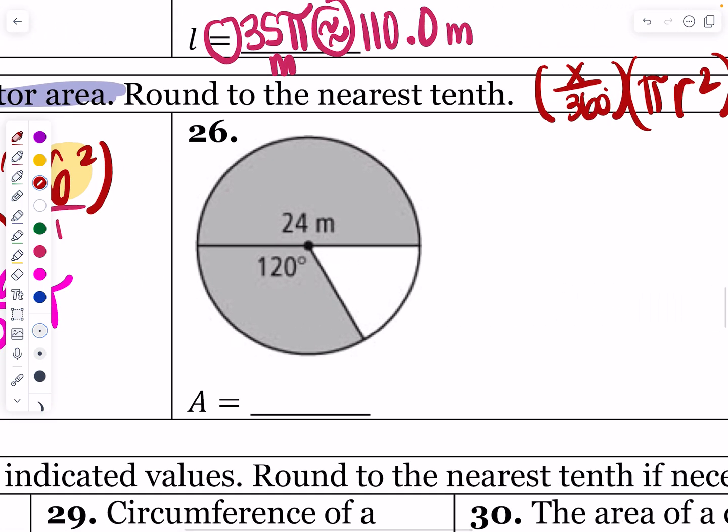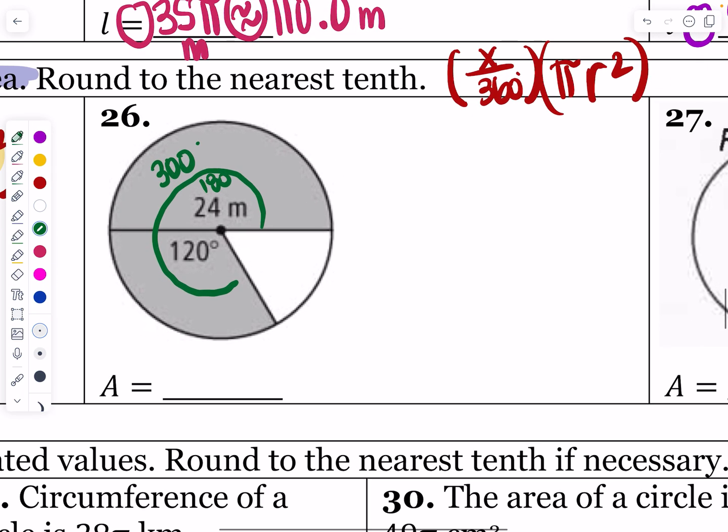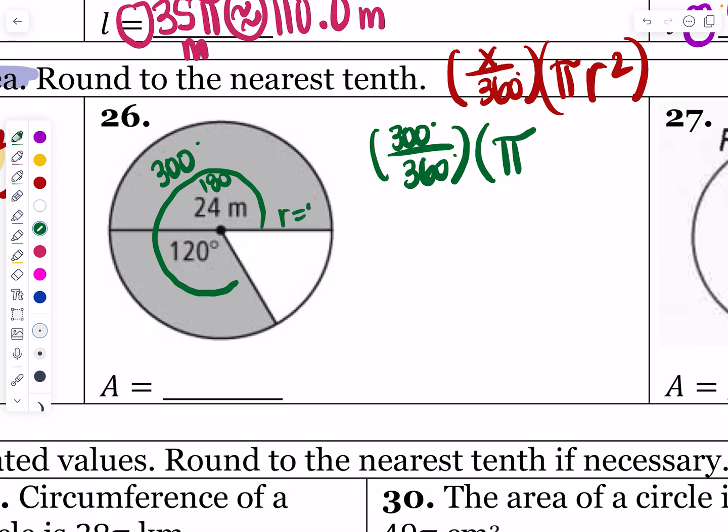All right, number 26. We're working with this entire sector. So what is the angle of that? That's going to be 120 plus 180, which gives me 300 degrees that I'm working with in this circle. So that's going to be 300 degrees out of 360 degrees, times pi r squared. My diameter is 24, so my radius is going to be equal to 12. So that's going to be 12 squared. When you type that in, that's 300 times 12 squared.